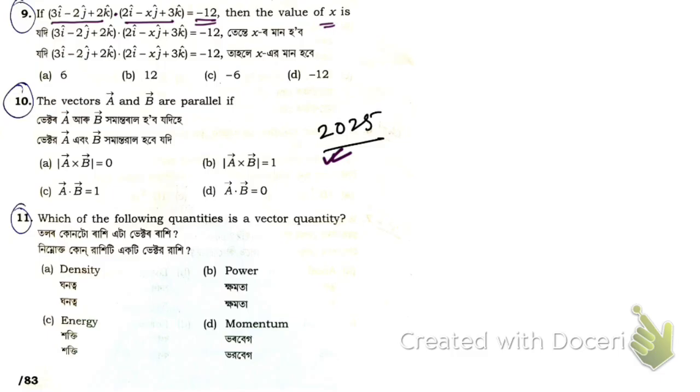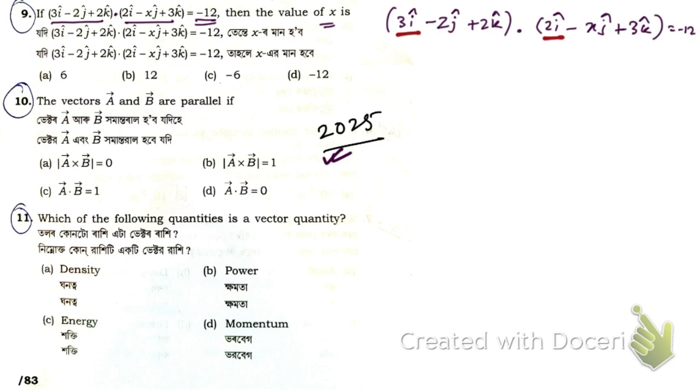So here it is given that 3i cap minus 2j cap plus 2k cap dot 2i cap minus xj cap plus 3k cap is equal to minus 12. So let's find the dot product. 3i cap into 2i cap is 6, since i dot i is 1.